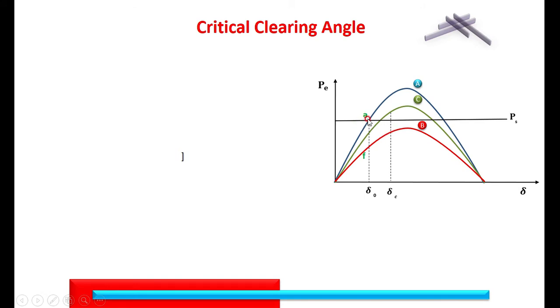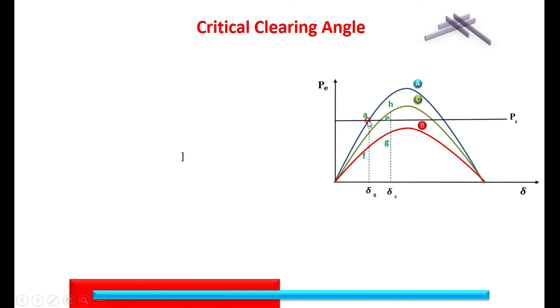Previously it is operating at A. Then when a fault occurs, the operating point shifts from A to F. Then it moves towards G. At the point G, the fault is cleared, then the operating point shifts from G to H. That is, you can see the sequence of events here.